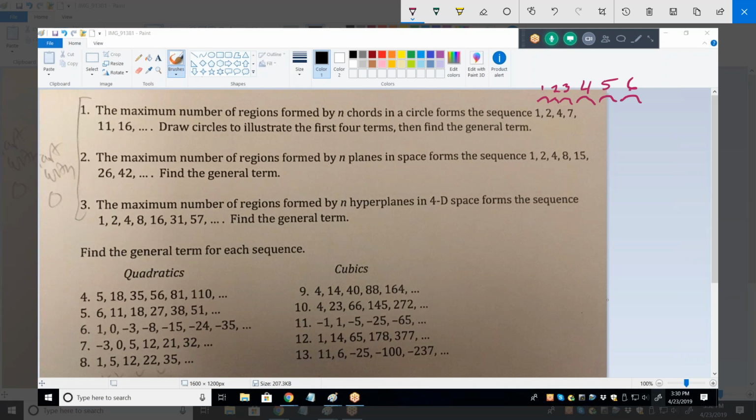So I could tell you the 7th or the 11th term, but translating this into an expression of n. First of all, since 1, 2, 3, 4, 5, 6 is linear, that's an arithmetic sequence.